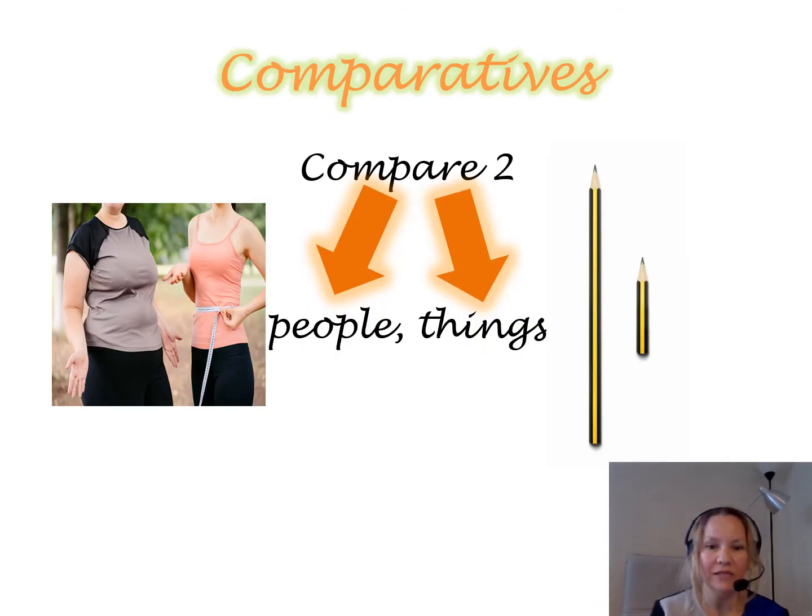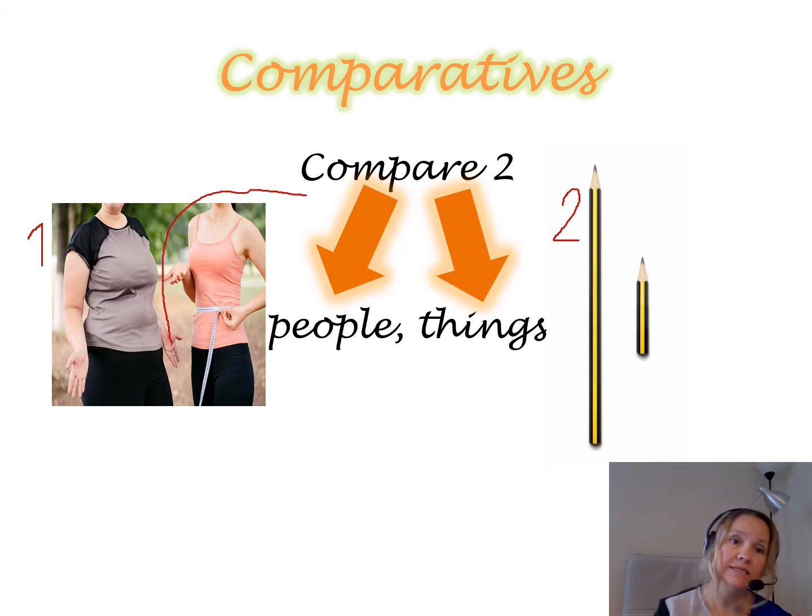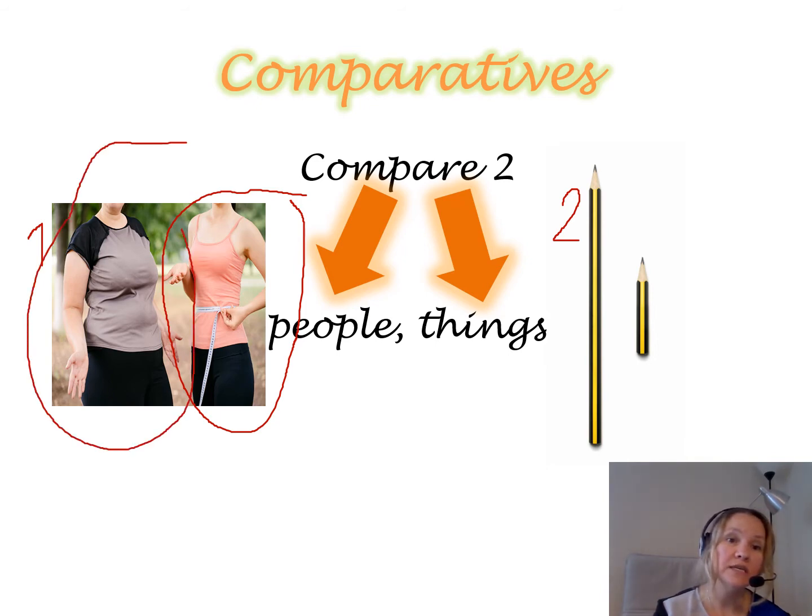So if you have a look at picture 1 and picture 2. I have two people in picture 1. One is a little slim and the other person is a bit overweight. If I want to compare how they look, I can use one of the adjectives.